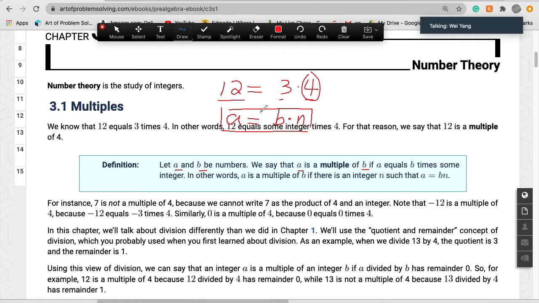Then we say 12 is a multiple of 3, right?